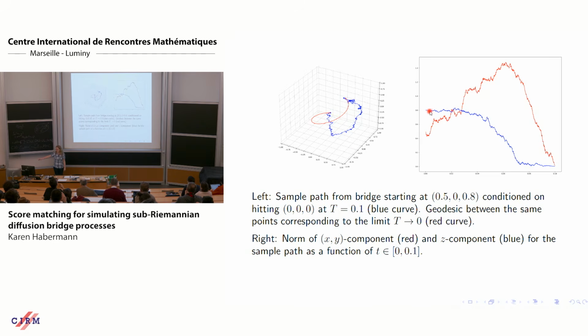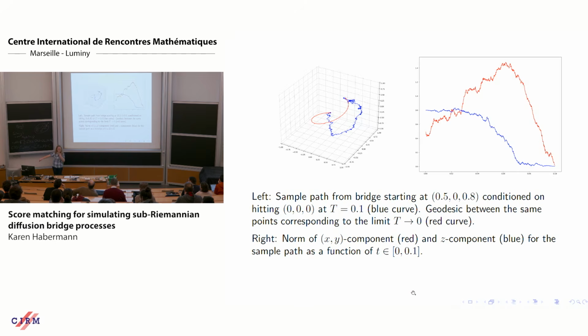Then in this plot, the blue curve is the z component of this bridge process. So you see how it dies down to 0. This is the norm in the xy plane. So obviously, because we have this helix-like structure, it has to go further away from the origin for a while to then go down.